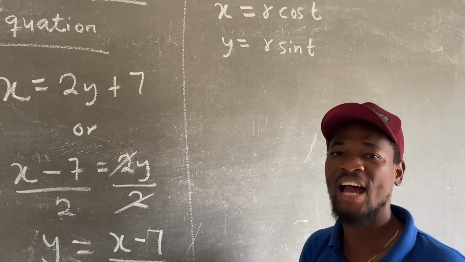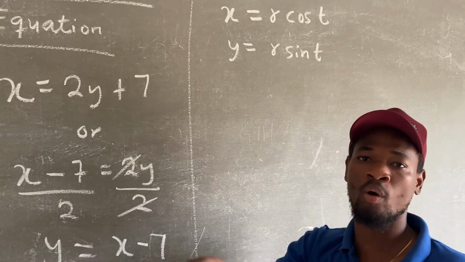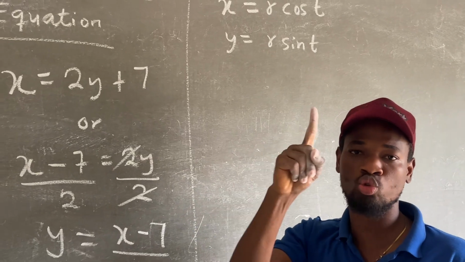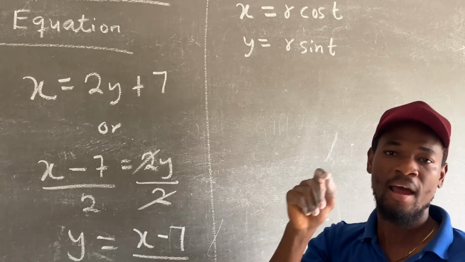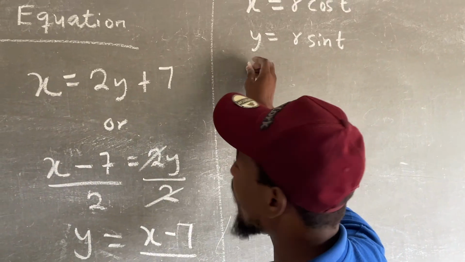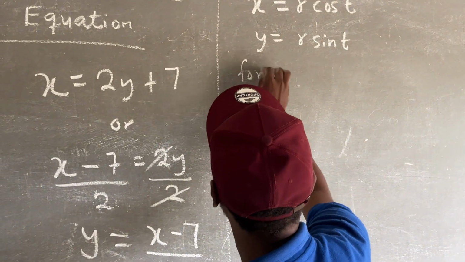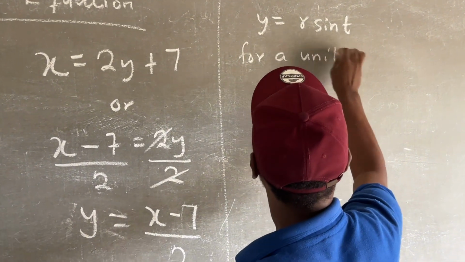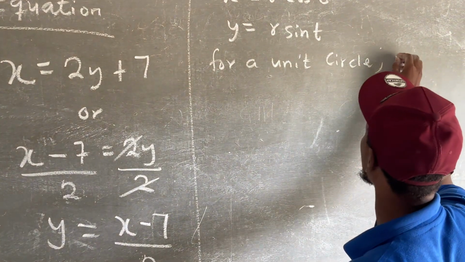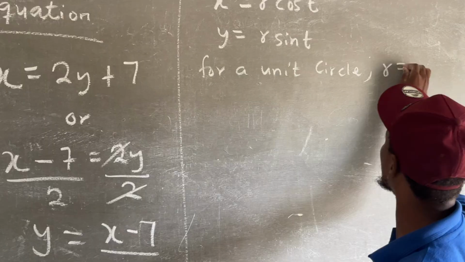So now let us consider a unit circle, any circle with a radius equal to 1. If the radius has a magnitude of 1, then it is a unit circle. So for a unit circle, your radius r goes to 1.